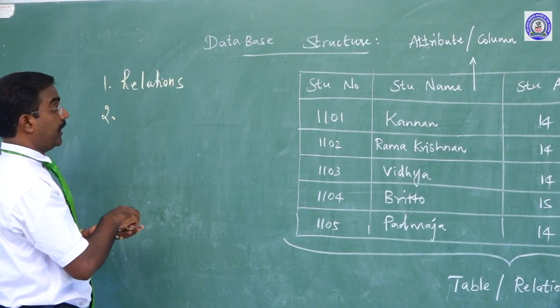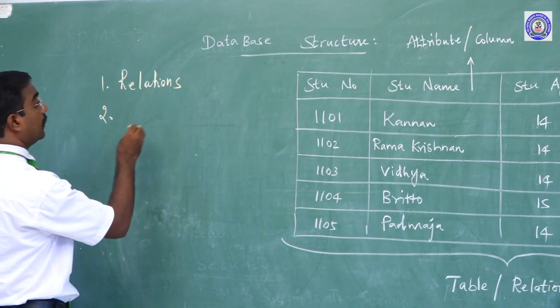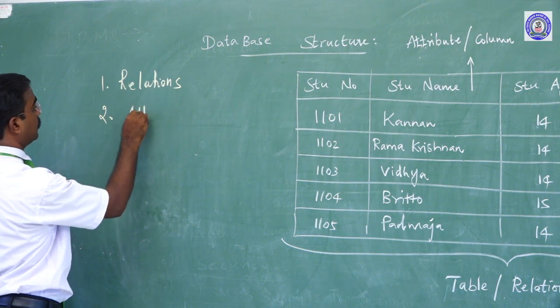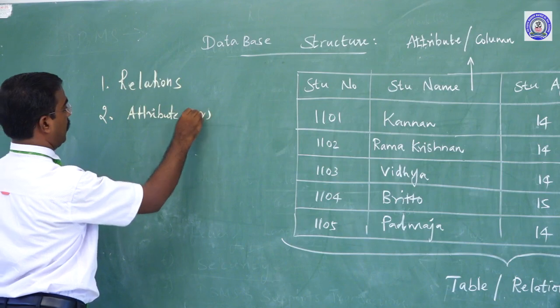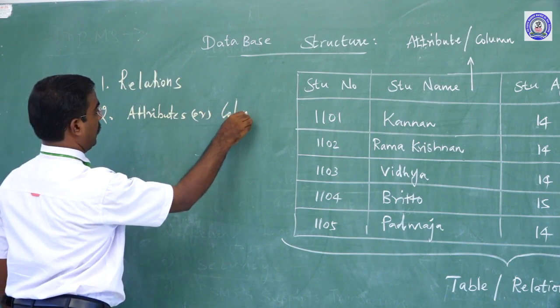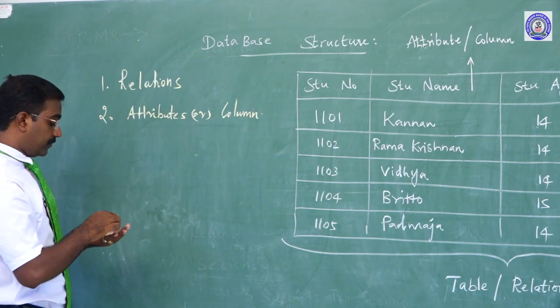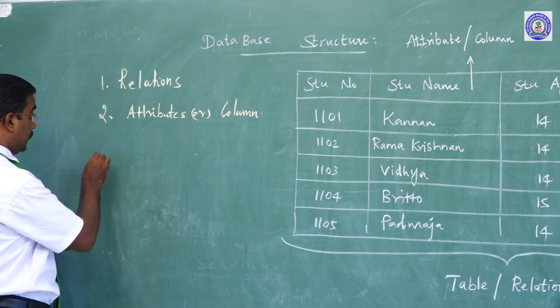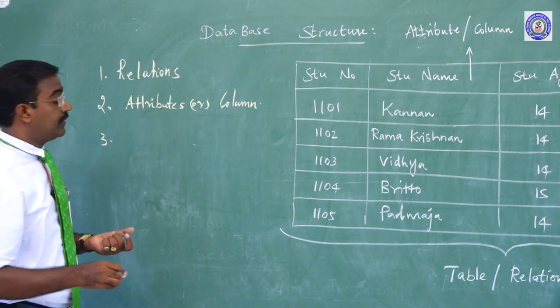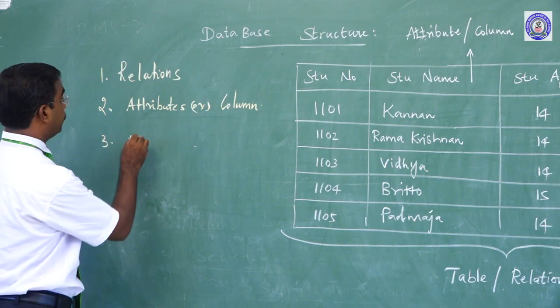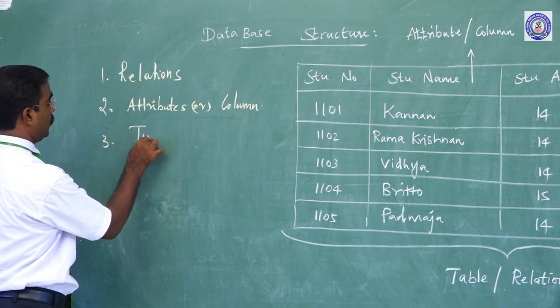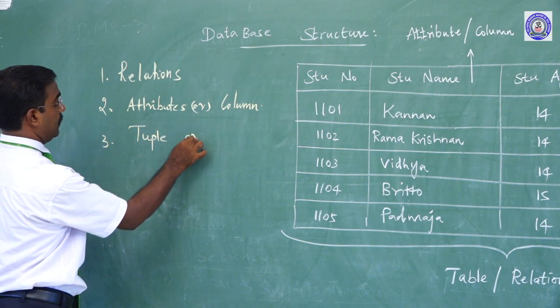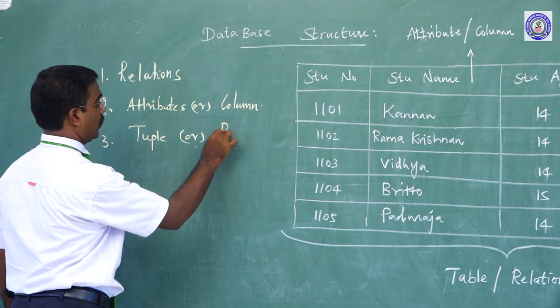And then point number 2, attributes or columns. And then number 3 is tuple or row.